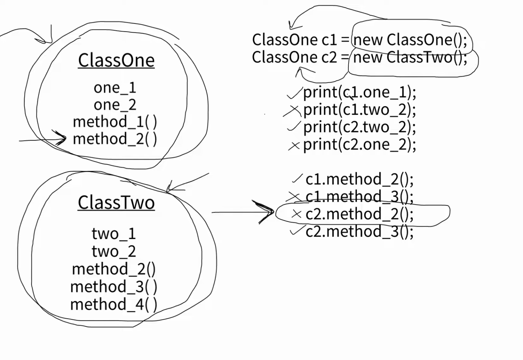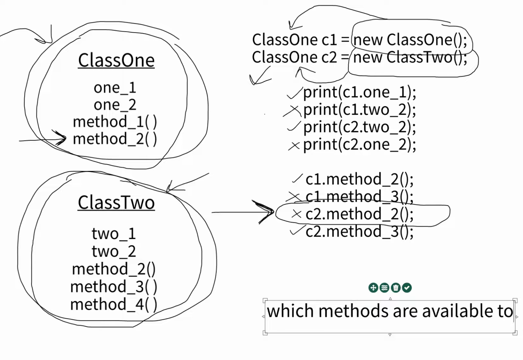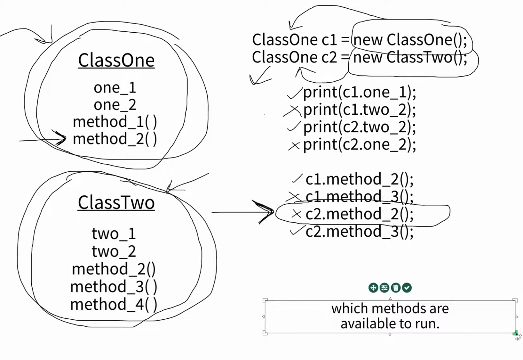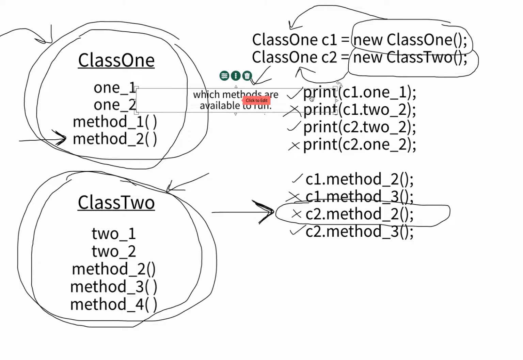So the way that I like to think about it, and it's kind of simple, is this class on the left side defines which methods are available to run. Okay. Which methods are available to run is the class that is on the left side of the equal sign.